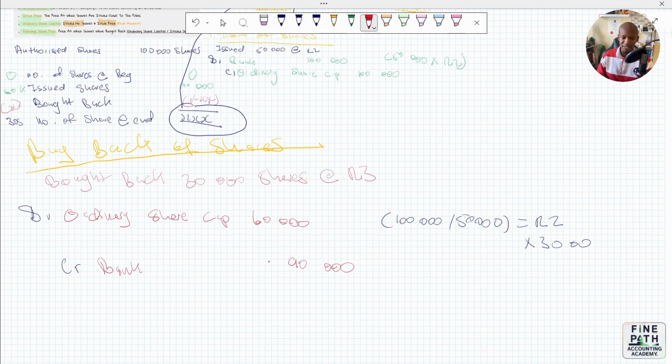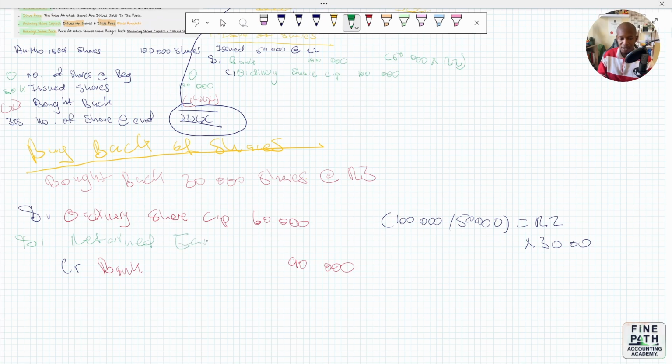So what they normally say is that the difference between these means we have paid more for less. And that difference is normally funded through retained earnings. So we would balance our account here by having a debit that goes to retained earnings.